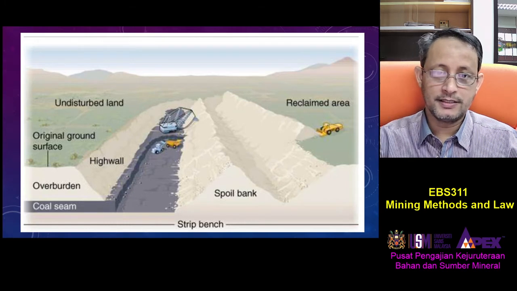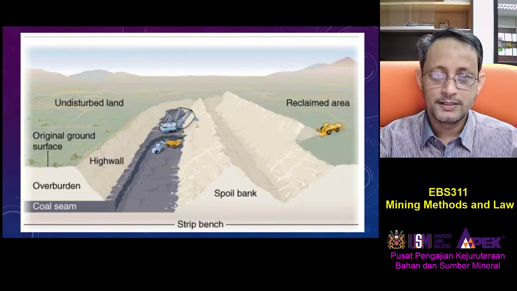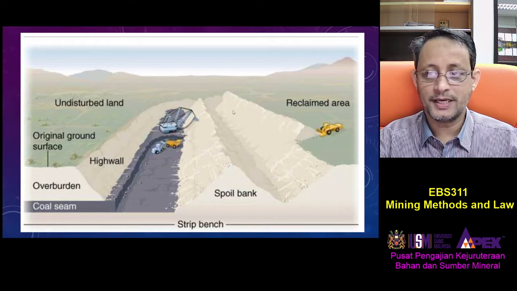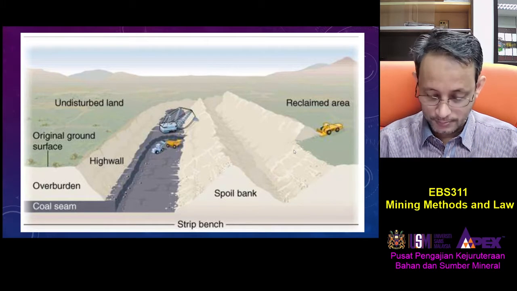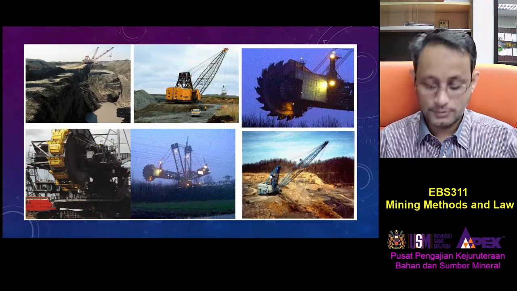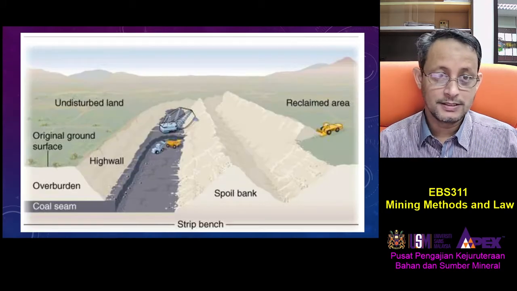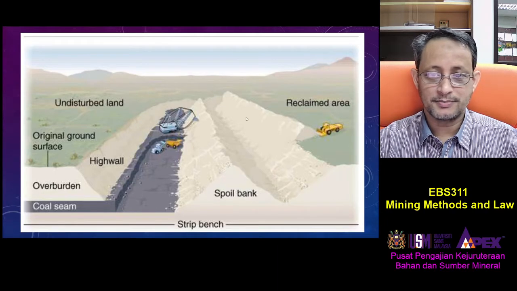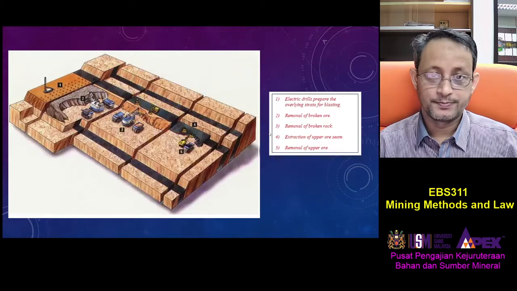Then it removes only to the right side, and here it removes here. So the topsoil is removed to the spoil bank, and this is the reclaimed area that was mined previously. So it removes to the left. For example here, it removes to the left. This is the original ground, so it goes to that side and the waste is separated to the right and so on.